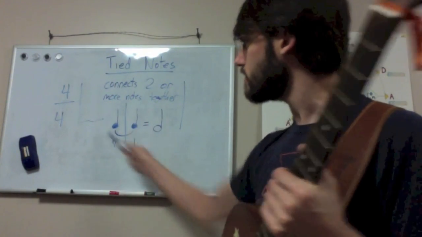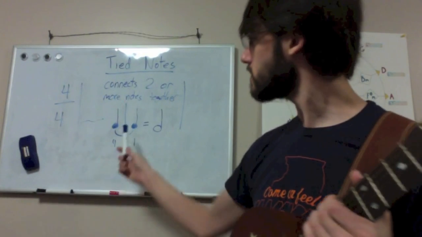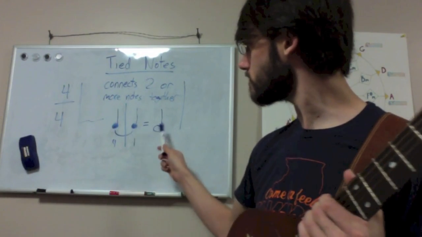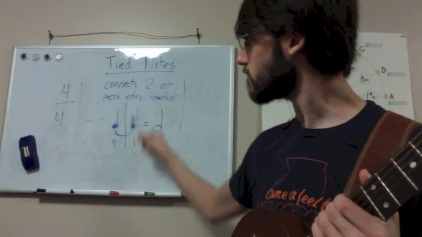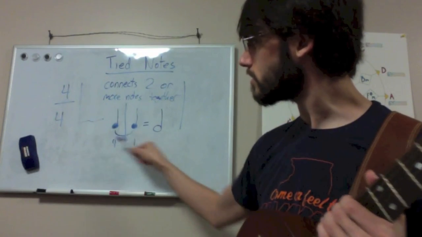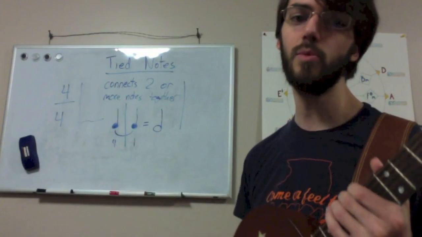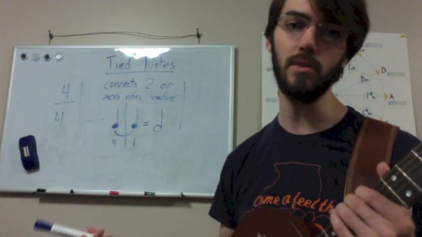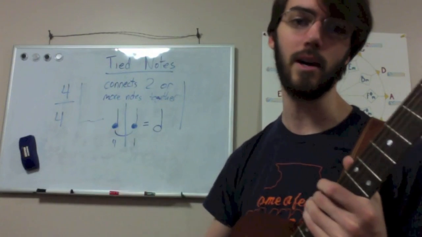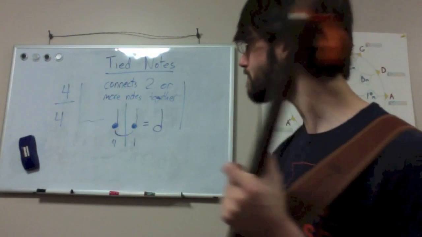So now the example makes a little bit more sense. This takes up 2 beats, this also takes up 2 beats, but in this example this sort of straddles 2 measures, whereas the half note can't do that. The half note has to fit within the confines of only 1 measure.